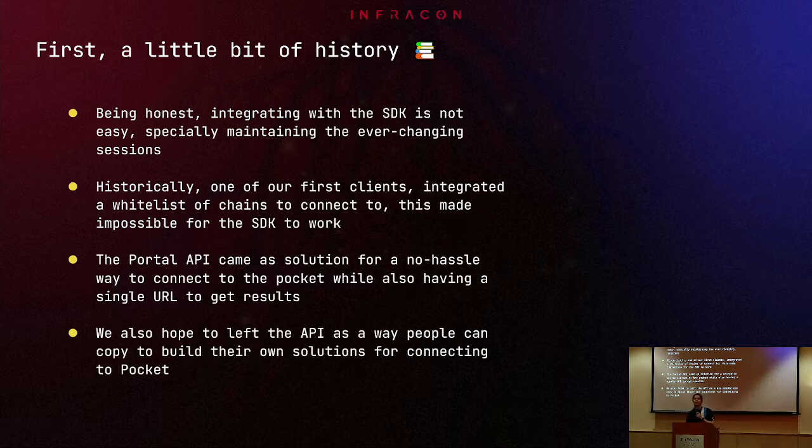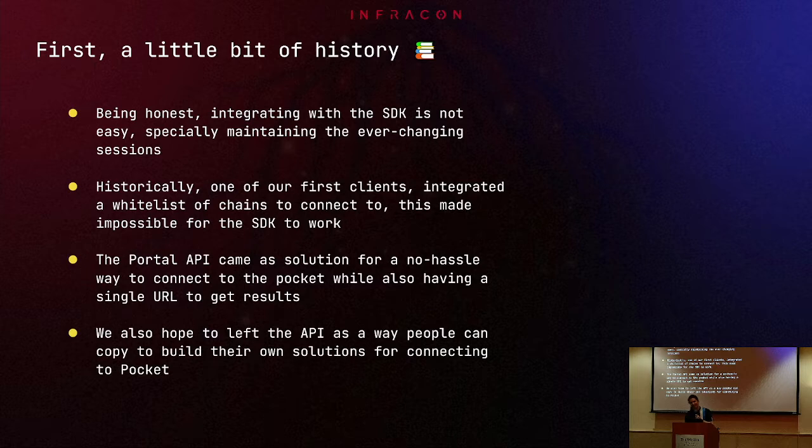This can be a challenge, especially for new businesses or startups that don't have the resources to maintain them by themselves. Also, historically, when we first launched mainnet, one of the first clients, my other wallet, also implemented a wide list of chains to connect to. That basically rendered our SDK useless, because we didn't know then, and still don't know now, the addresses of the nodes that are coming within a session. So we had two problems that needed a solution.